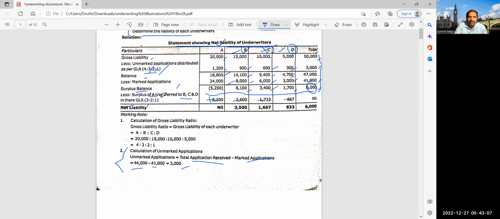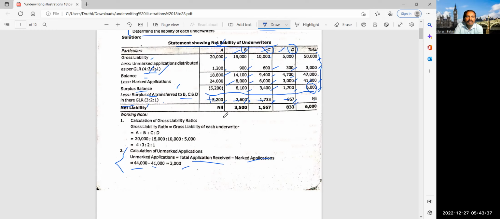So 3 by 6, 2 by 6, 1 by 6. 5,200 into 3 by 6 is 2,600. 5,200 into 2 by 6 is 1,733. 1 by 6 is 867.